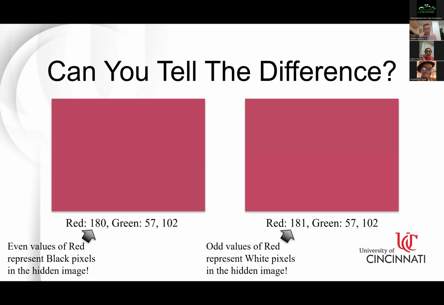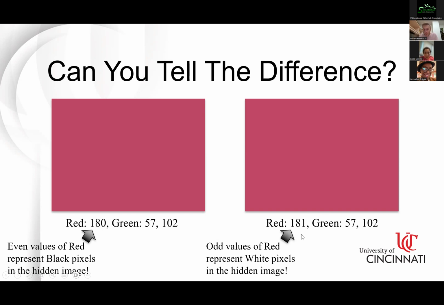So let's go back and relook at this. So Isabel, you are correct. One of these is slightly darker than the other. These blotches here are 180 amount of red, 57 amount of green, and 102 of blue.